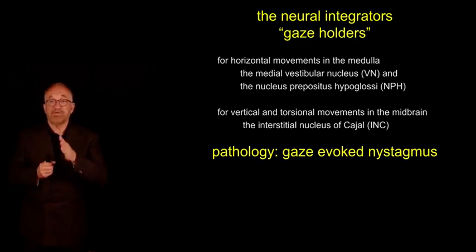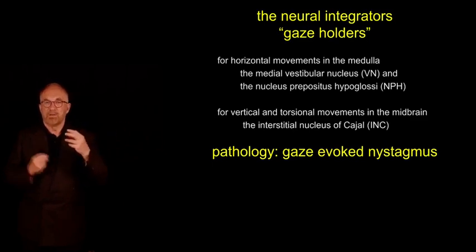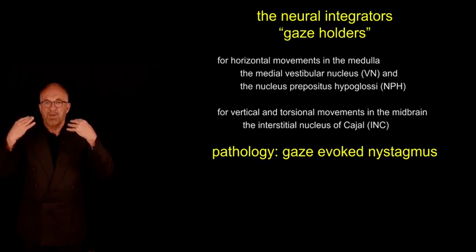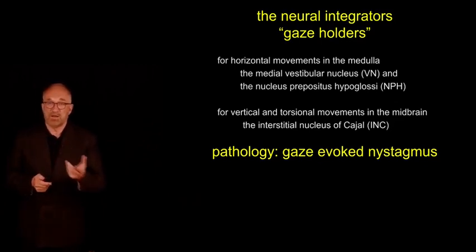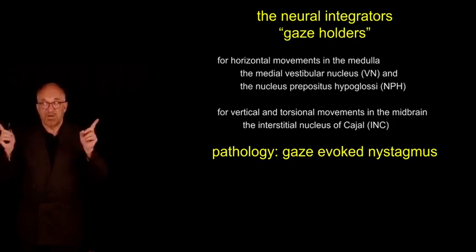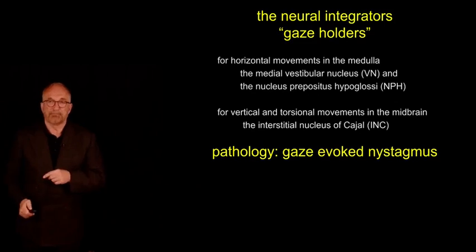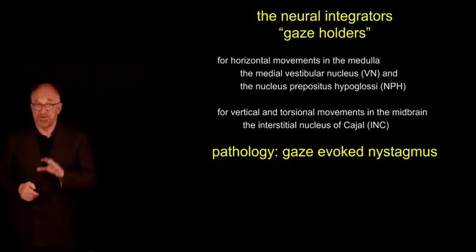When I look to the left, the same thing happens, but I get a nystagmus to the left, because it's about the memory. That memory is, as you saw, in the brain, and it uses information from the nucleus of Cajal and the prepositus hypoglossi, etc. So gaze-evoked nystagmus is a central disorder. And that's something that you never see in peripheral disorders.